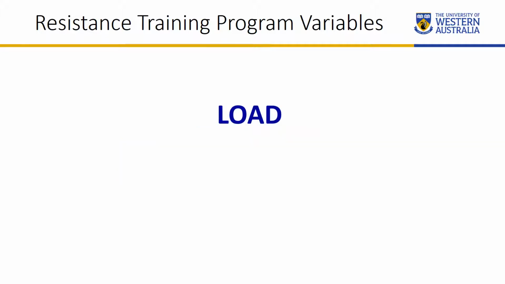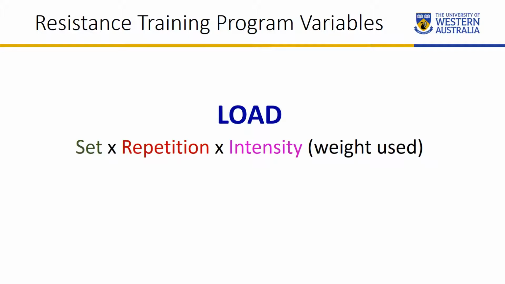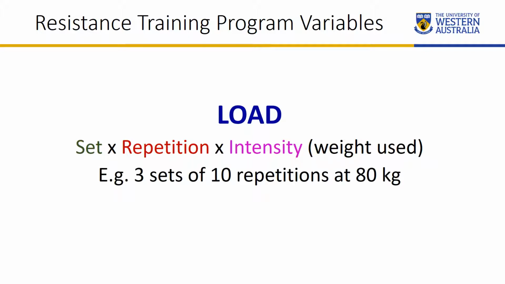The total exercise load is therefore a product of volume and intensity, so it's the number of sets times the number of repetitions times exercise intensity, which is the amount of weight used. For example, you might choose to do a particular exercise for 10 reps at 80 kilograms for 3 sets.